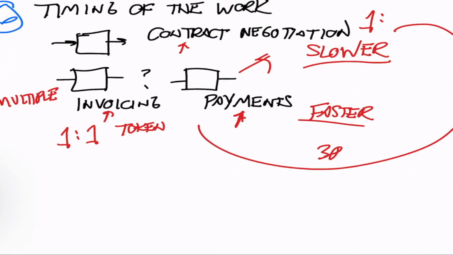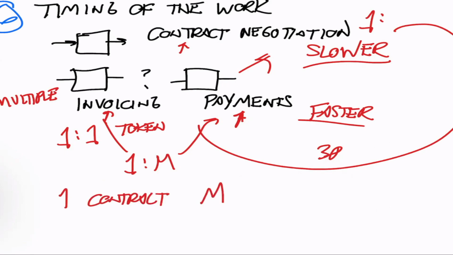But we might have perhaps one invoice to multiple payments. The invoice has to be paid over multiple times, like maybe it's monthly, one invoice, and we have a monthly breakdown on that. And then one contract leads to many invoices. That's a bit about the timing of the work.